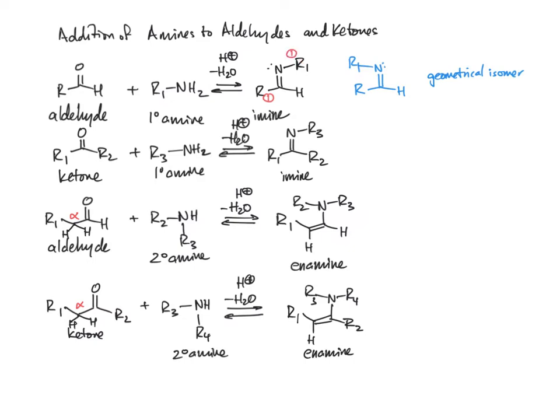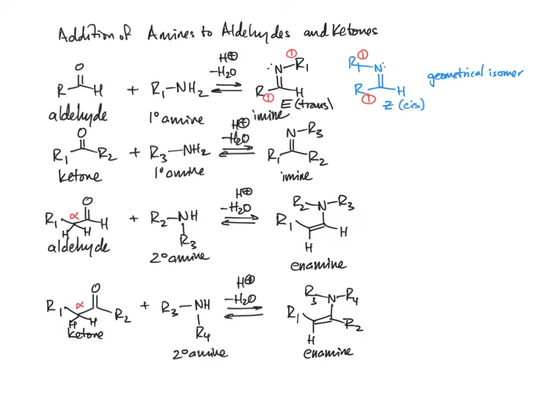So we see that across the face of the pi bond, the 1s are on opposite faces. So that's going to be the E, or trans, isomer. Then over in the other geometrical isomer, we see 1 and 1. They're on the same face, so that's going to be Z or cis.